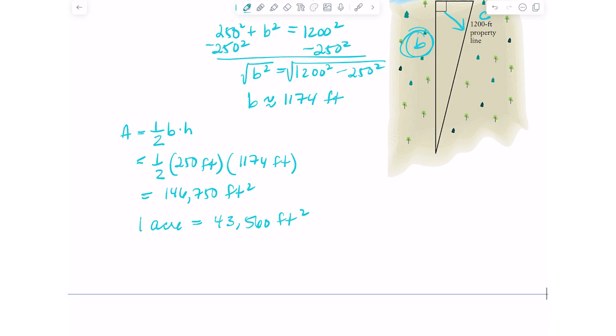So what I'm going to do right now is take the 146,750 feet squared, and multiply by 1 acre over 43,560 feet squared. My feet squareds are going to go away, and really all I have is 146,750 divided by 43,560.